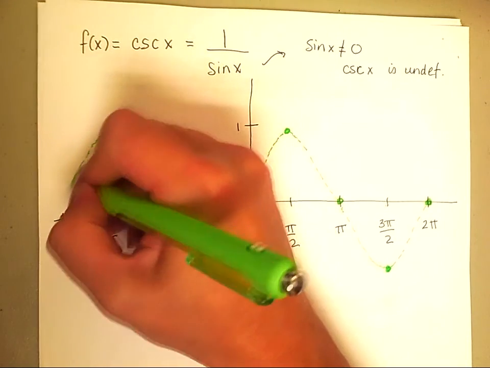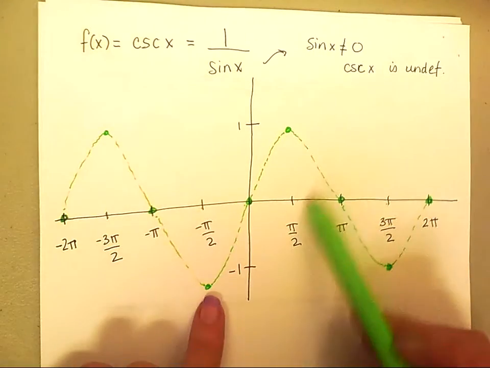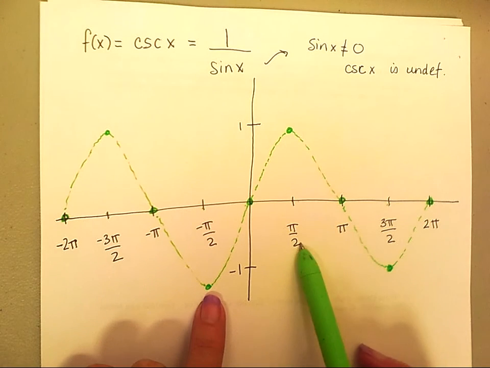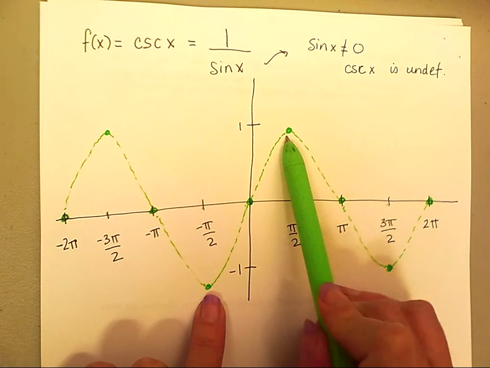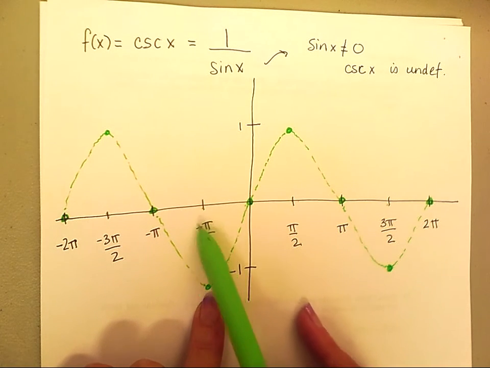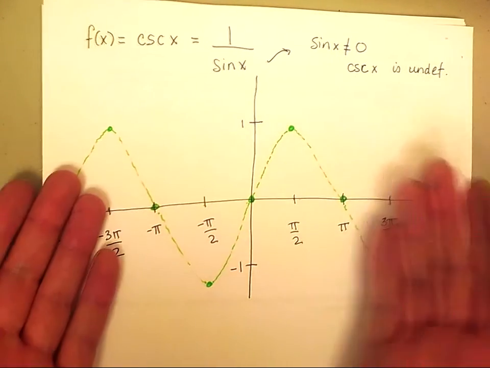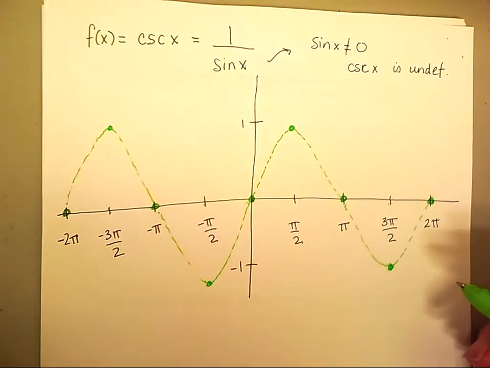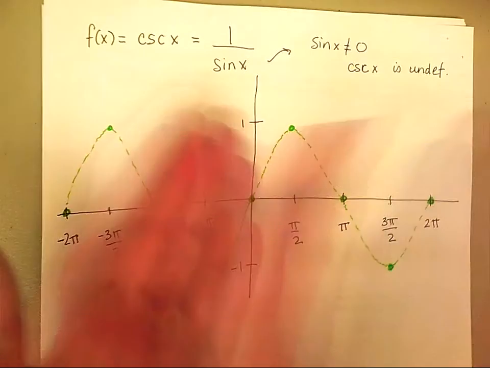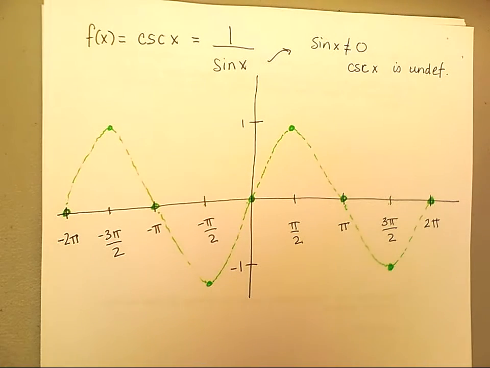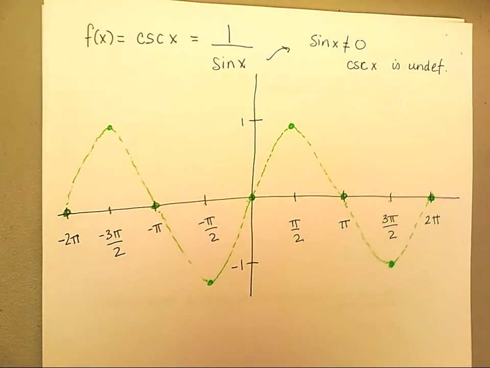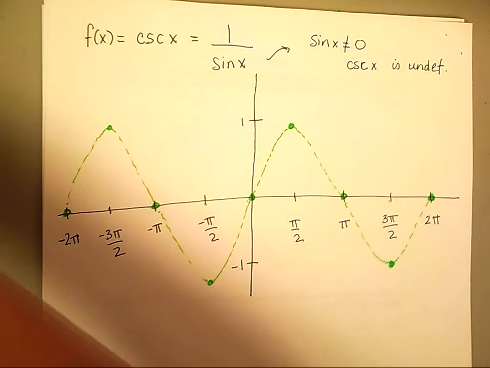The fact that sine is odd means that if f of the angle is positive, f of the negative angle is the opposite. So if you were to fold it over, well, you'd have to do 2 folds, it would lay on top of each other. All right, so this is our guide.